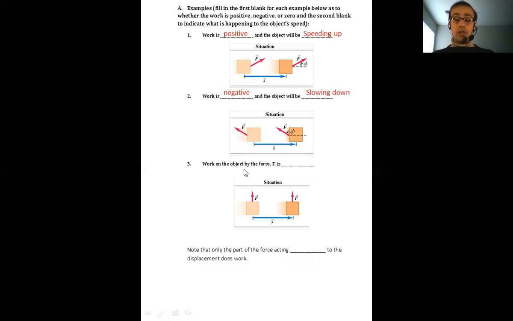Let's take a look at a third case where we have a displacement vector this way and a force which is applied orthogonal to this displacement vector. In this case, the work done on the object by this force is 0. So again, you're only interested in forces that have a component which is parallel to the displacement. Only the part of the force that acts parallel to the displacement actually does work.